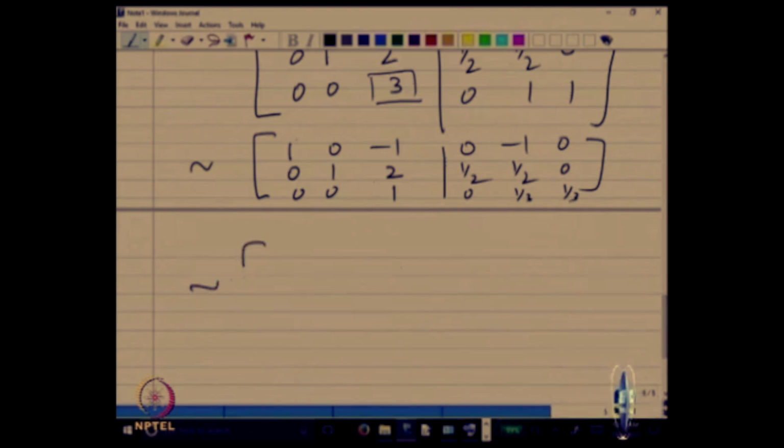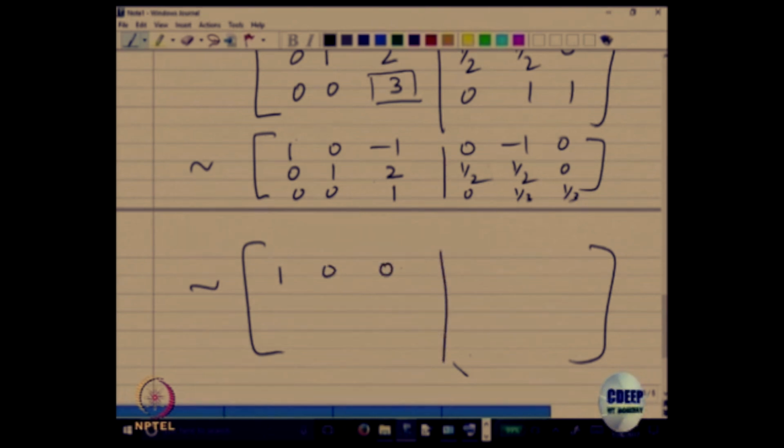Still I am not complete, because the pivot is 1 in the last column, everything else should be made 0. So what shall I do? Add it to the first one. So 1, 0, 0. When I add, this is 0. So minus 1 plus 1 by 3 and 1 by 3. So that is 0, 1. Okay. I want to make this also, let us do it simultaneously now.